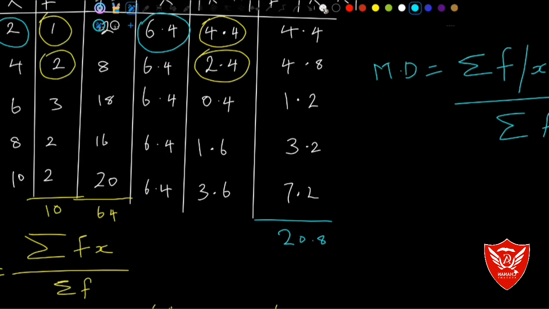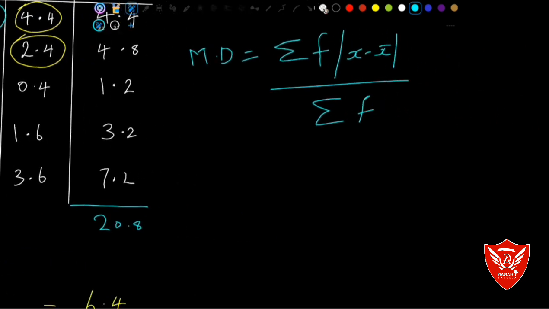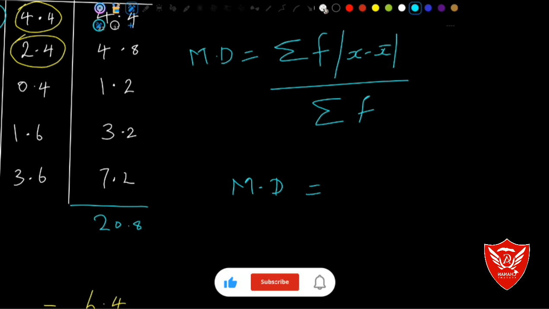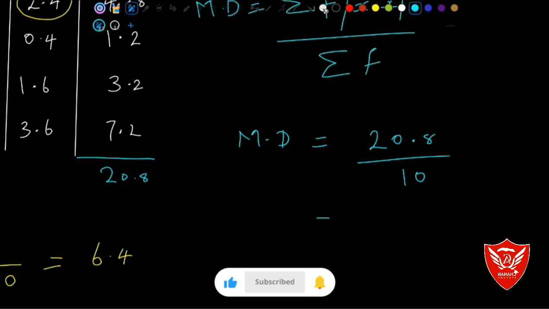Already we know the summation of the frequency, so the mean deviation is going to be equal to 20.8 over 10, and this is going to be equal to 2.08. So our mean deviation is equal to 2.08.